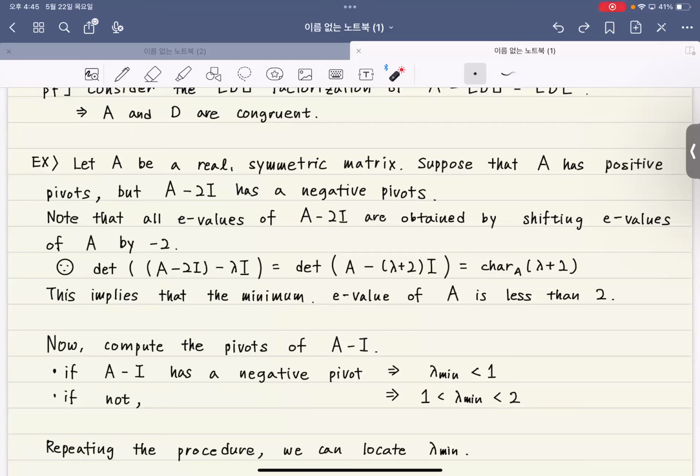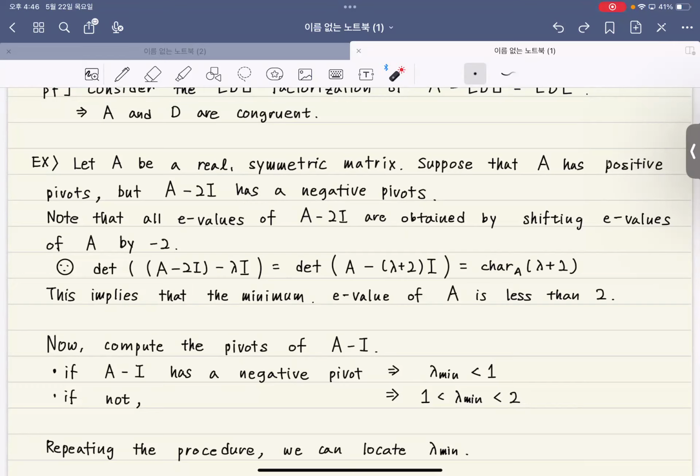If not, then shifting by 1 does not change the sign of the minimum eigenvalue, so my minimum eigenvalue is somewhere between 1 and 2. And so on. If you repeat this procedure, you can pinpoint the range of the minimum eigenvalue of A. In this sense, you can locate the minimum eigenvalue of the matrix A.